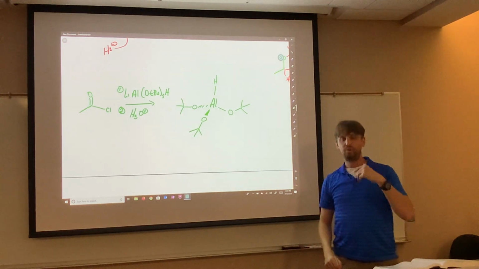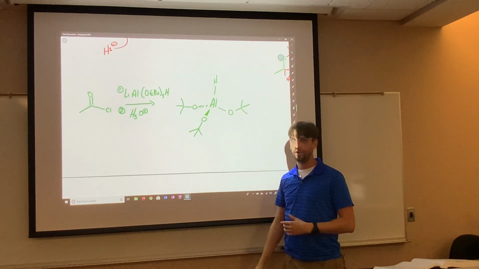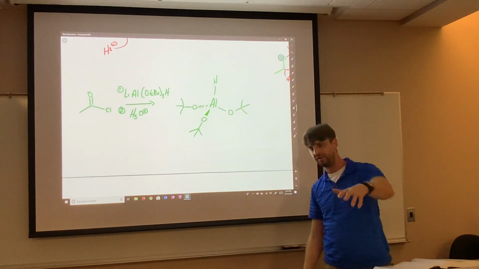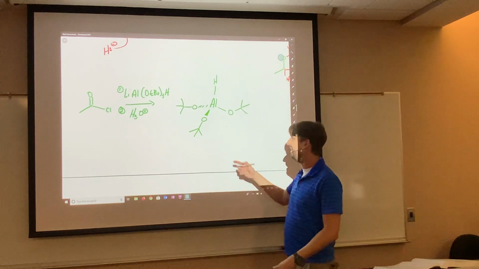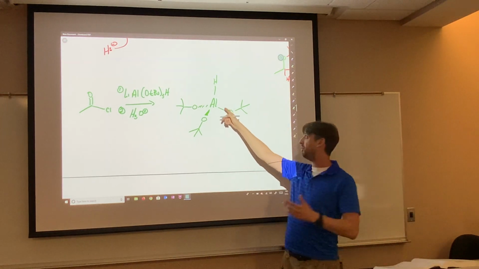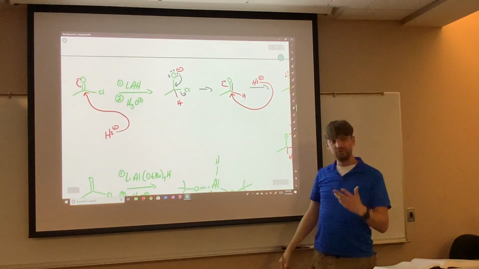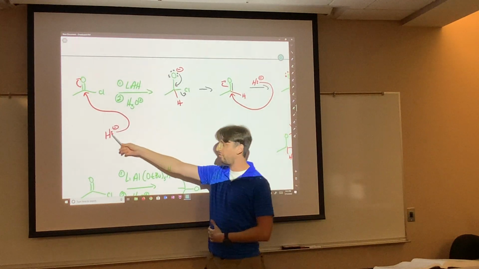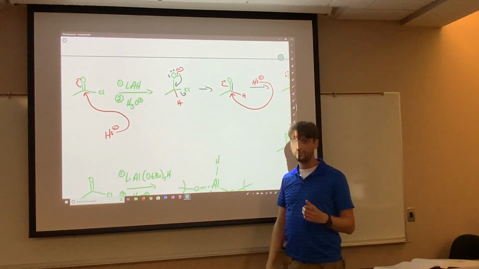So practically speaking, we can treat this as only having one equivalent of hydride. So you guys, I think, can see where this is already going to go. Well, hopefully you're looking at the book, so you've seen it already, right? But practically speaking, we only have one equivalent of hydride, so we're really only going to do one of these reactions where we only add the first hydride, and so we will end up at the aldehyde, okay?